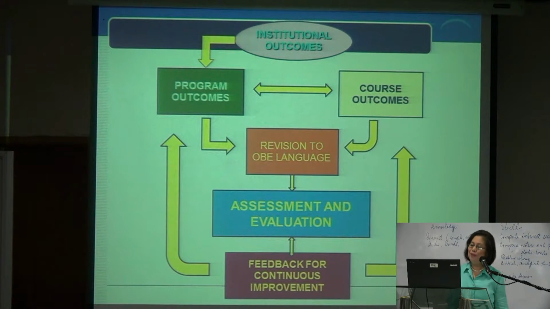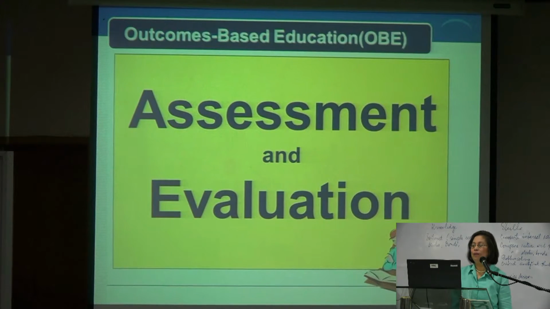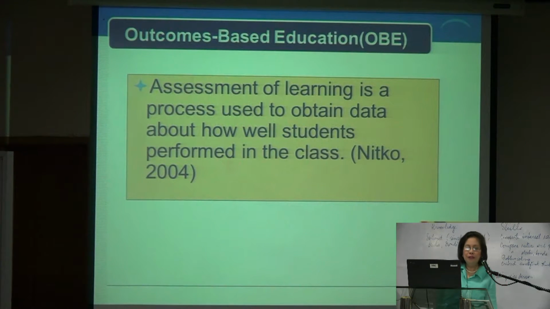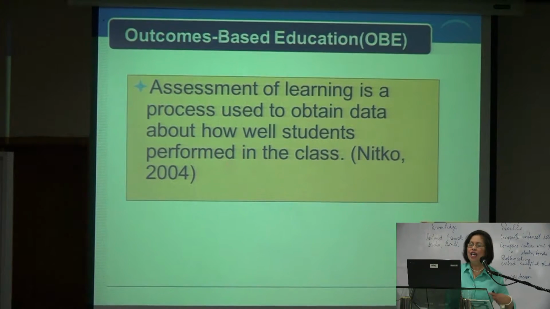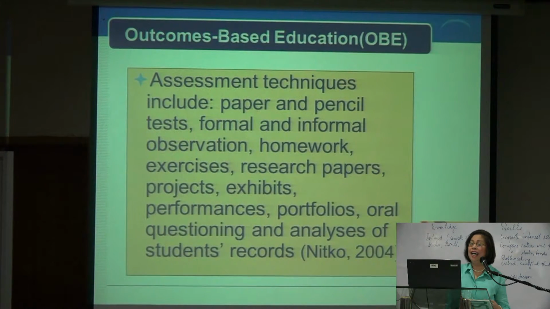So, we are at the assessment and evaluation part. I'm sure you know this very well, that when you assess learning, you want to know how well the students perform in class.